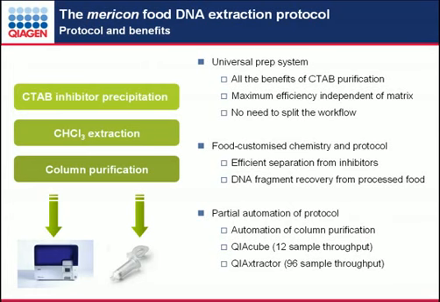You can do all different food types in a single run. It's an efficient separation from the inhibitors, you can recover fragments of DNA from processed food, and it is automatable, or at least partially automatable, either with a QIAcube or potentially with a QIAextractor, which is a 96-sample throughput instrument.